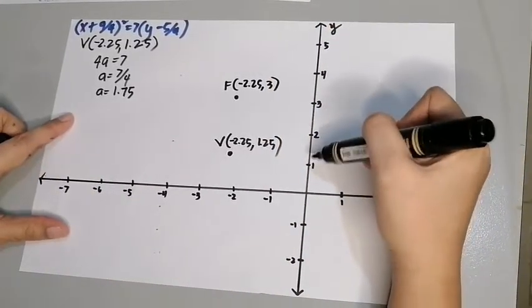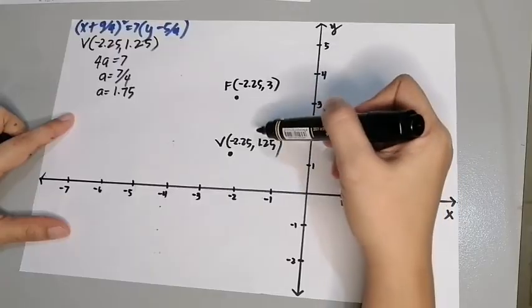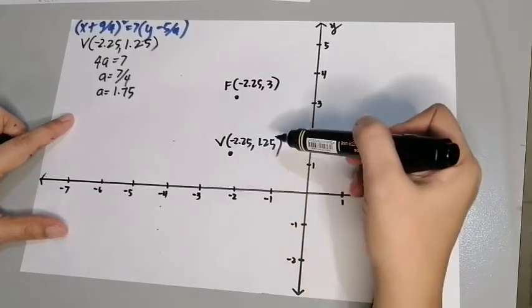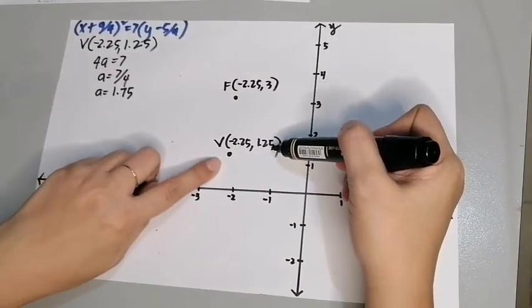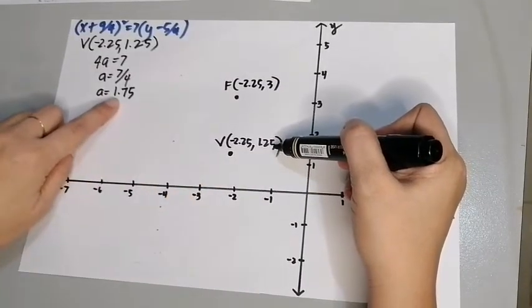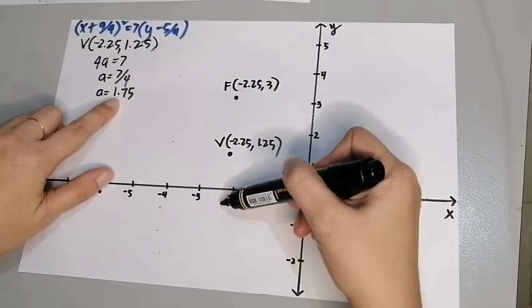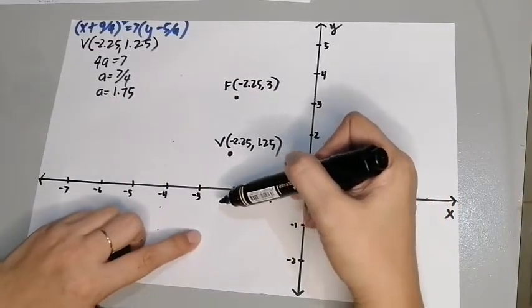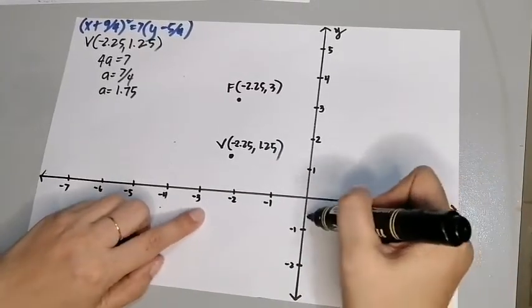Now what about the directrix? The directrix would be 1.75 units below the vertex. So that's 1.25 minus 1.75, going down. So what's 1.25 minus 1.75? That is negative 0.5.